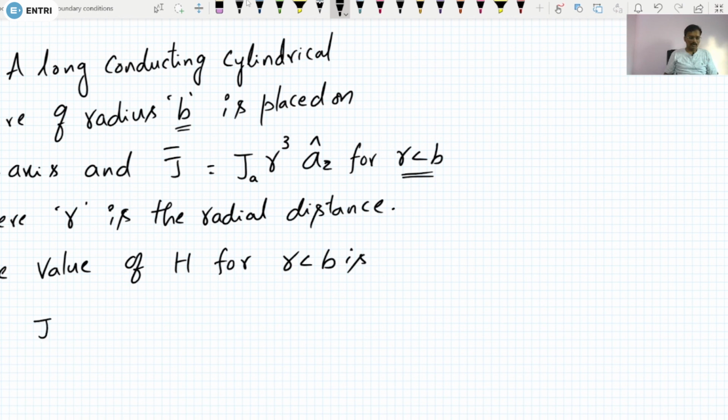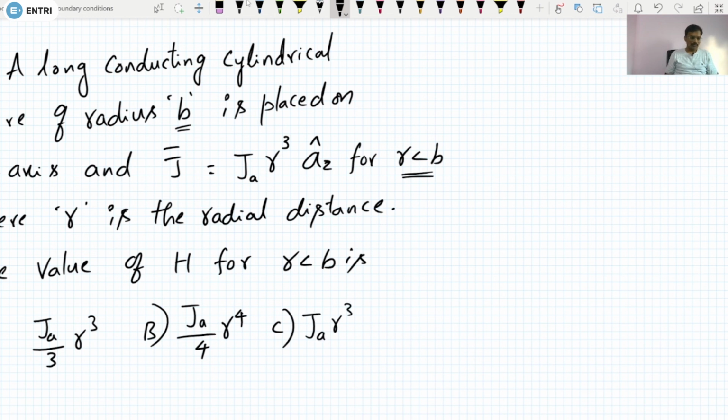Option a, they have given as za by 3 r cube, and option b as za by 4 r power 4. Option c, they have given za r cube, and option d they have given as za r power 4 divided by 5. So these are the options they have given.